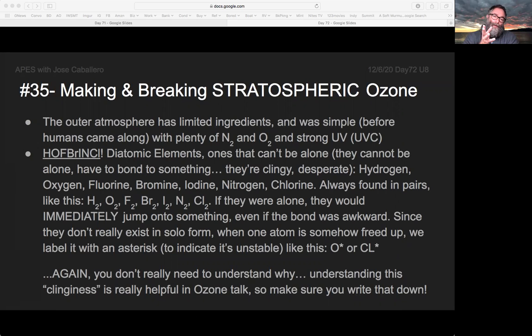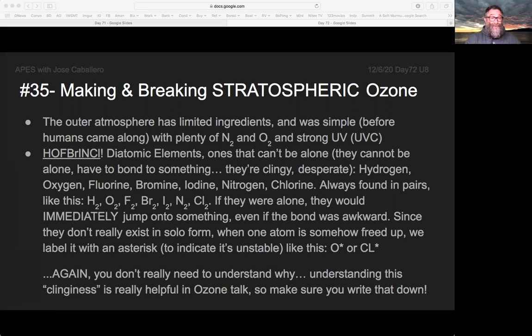The way that we usually talk about this to help students understand is they're like clingy, they're desperate, they need to be in a buddy system like kindergartners on a field trip. Clingy, desperate, buddy system. So hydrogen, oxygen, fluorine, bromine, iodine, nitrogen, and chlorine are the Hofbrinkel elements.